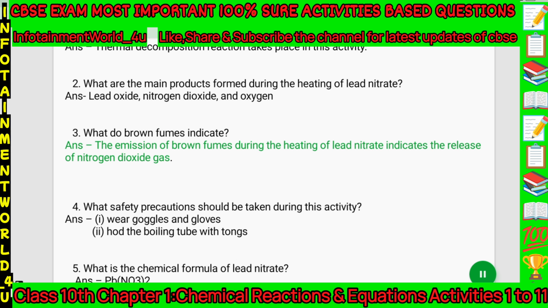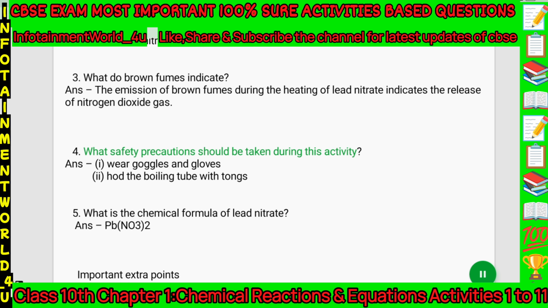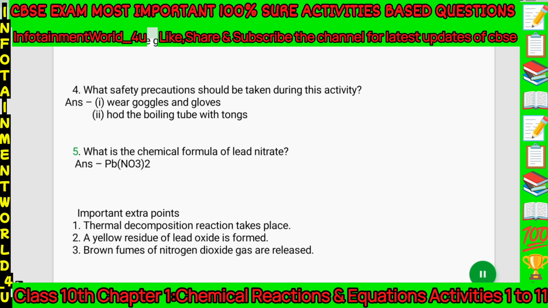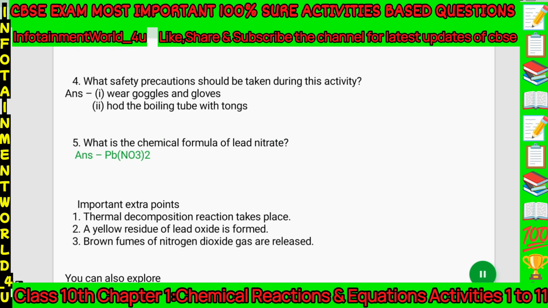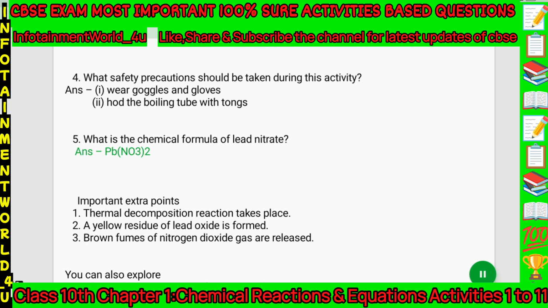The emission of brown fumes during the heating of lead nitrate indicates the release of nitrogen dioxide gas. 4. What safety precautions should be taken during this activity? Ans. 1. Wear goggles and gloves. 2. Hold the boiling tube with tongs. 5. What is the chemical formula of lead nitrate? Ans. Pb(NO3)2.